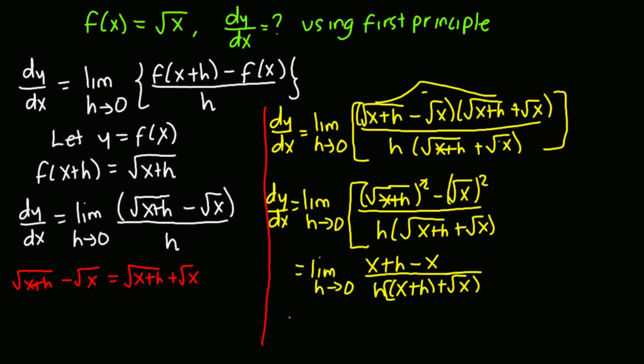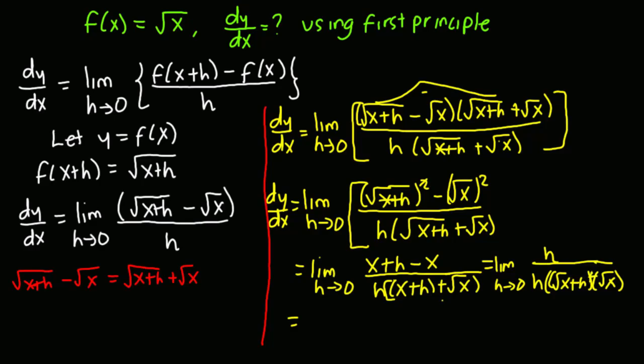And so breaking this down, we are going to end up with limit as h approaches 0 of h divided by h multiplying square root of x plus h plus square root of x.